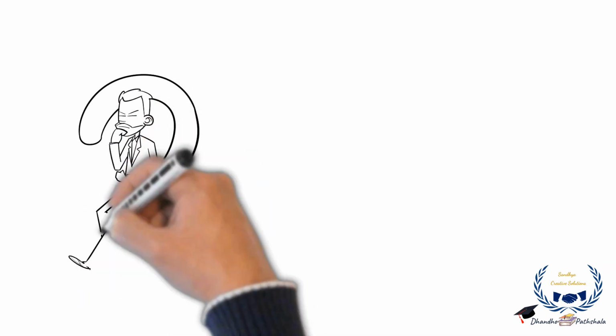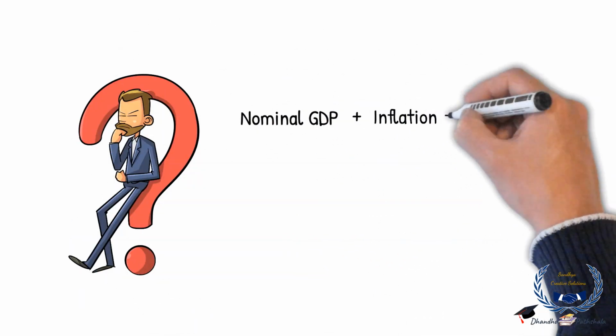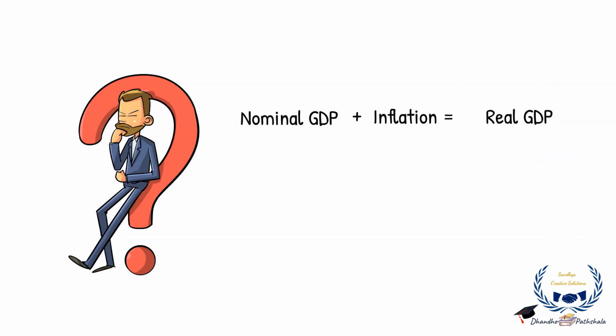Now GDP can be both inflation-adjusted or unadjusted. If inflation is considered, then it's called real GDP. On the other hand, nominal GDP is unadjusted for inflation. In case of India, at the time of making this video, the nominal GDP growth rate is 5.8% and inflation is 6.4%, so the real GDP growth is 5.8% plus 6.4% equals 12.2%.